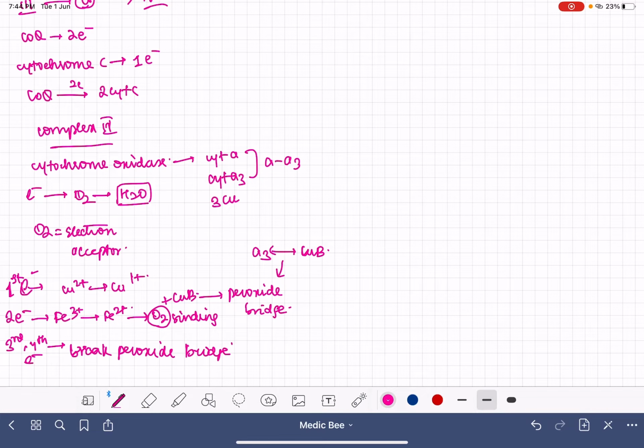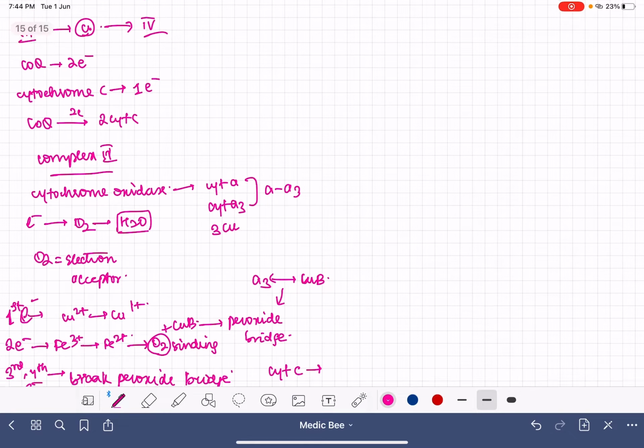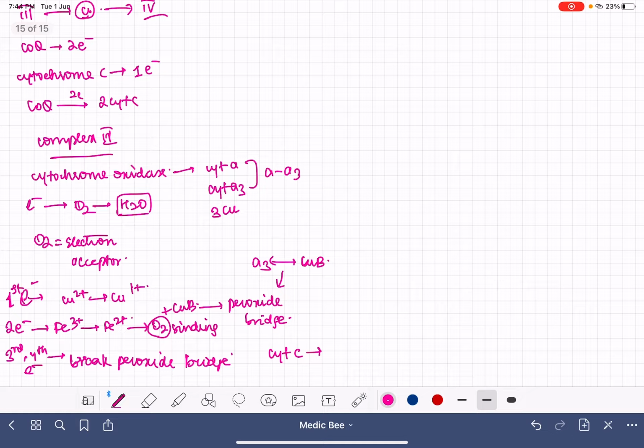The electron transfer is such that cytochrome C brings in the electrons. In complex 4 there are 3 copper ions, which can be of 2 types, copper A and copper B. Copper A accepts electrons from heme A, and copper B accepts electrons from heme A3.